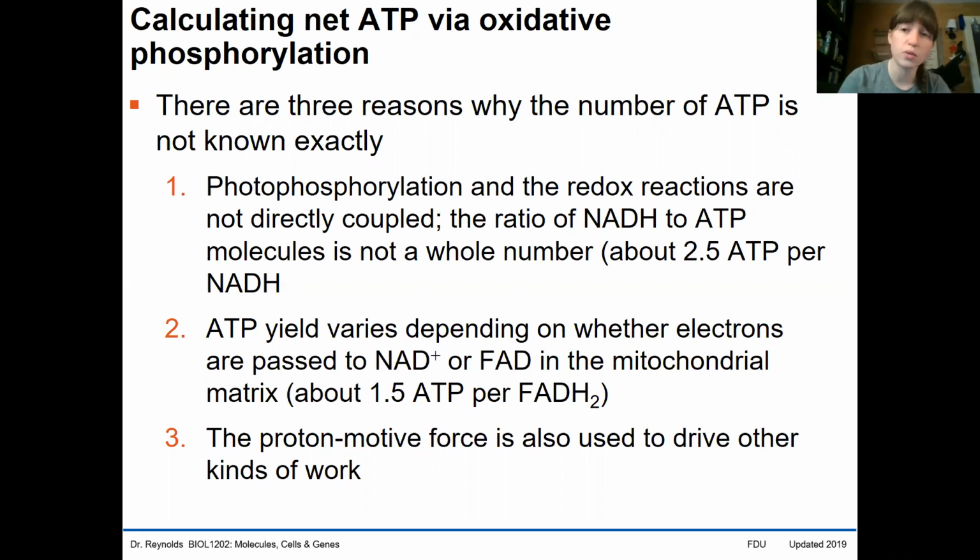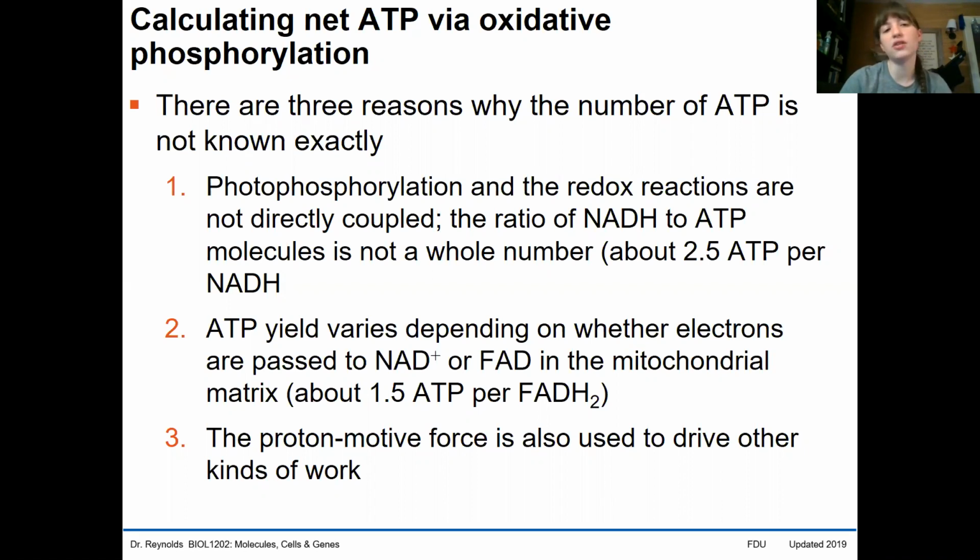There's no one-to-one transfer. There's no electron that's ever actually coming into contact with the ATP being produced by oxidative phosphorylation. And so you're not going to get a specific number. You don't get 1 ATP per electron. It just doesn't work that way. So that's why it's not a whole number.